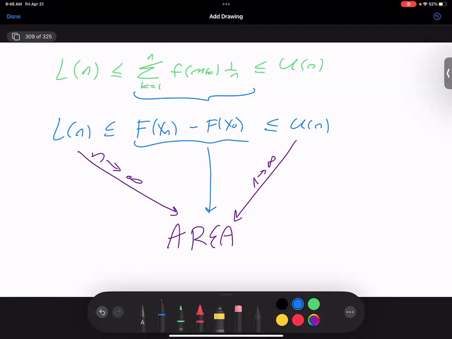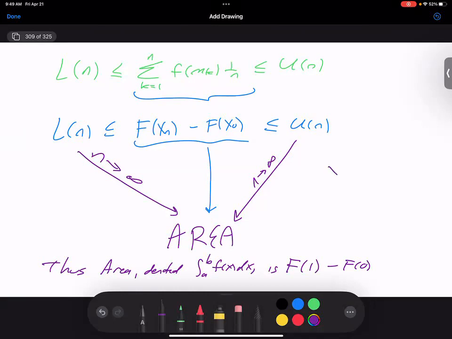So what's the only possible value for f(x_n) minus f(x_0)? The area. Thus the area, denoted the integral from a to b of f(x) dx, is F(1) minus F(0).